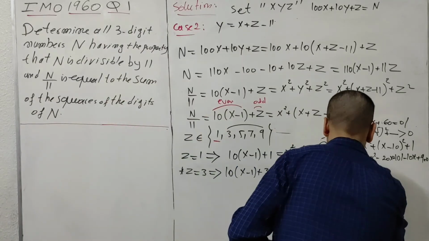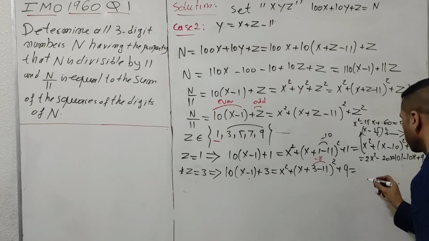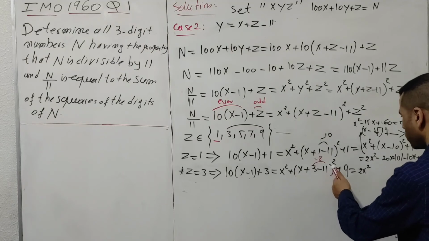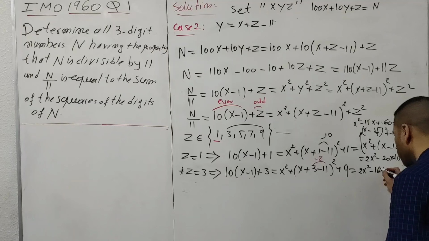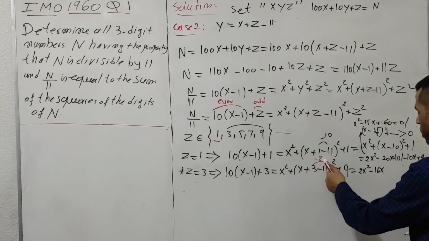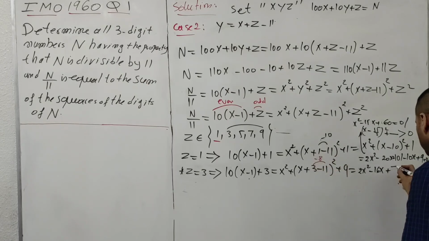I'm going to simplify this one more. I get x squared plus x squared, which is 2x squared, minus 2 times 8, which is minus 16x, plus 64 plus 9, which is plus 73.